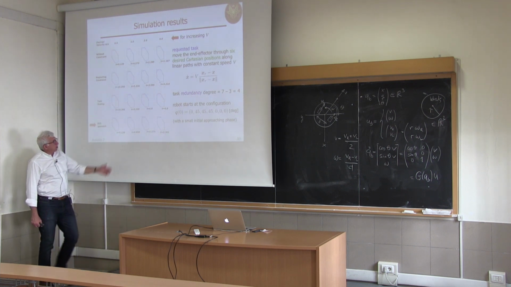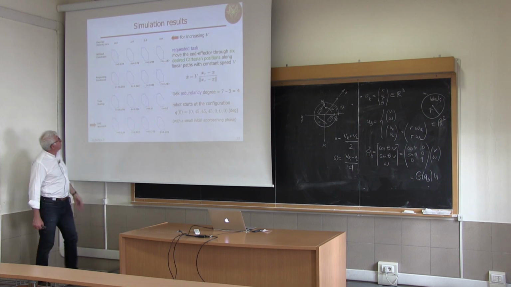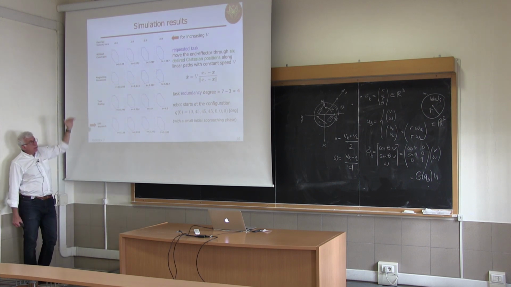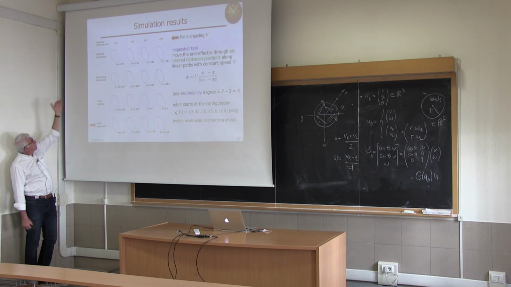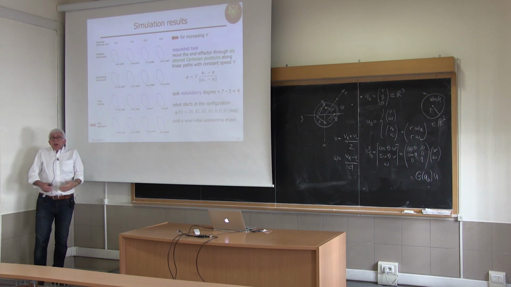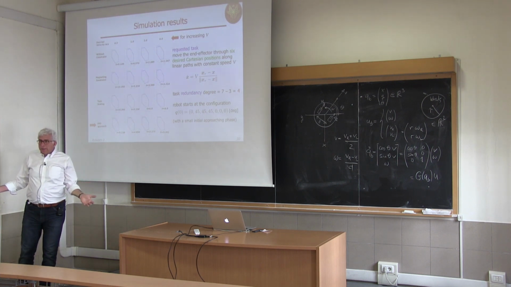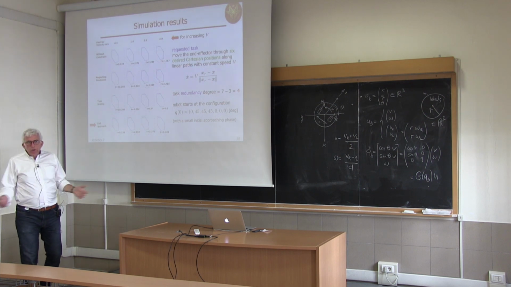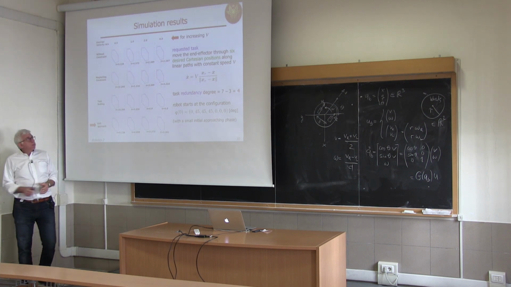The robot starts from a given configuration, it's all the same, and here you compare what happens in simulation in the first row when you're not having any joint limits. You can do whatever you wish, so you're applying essentially the pseudo-inverse solution.